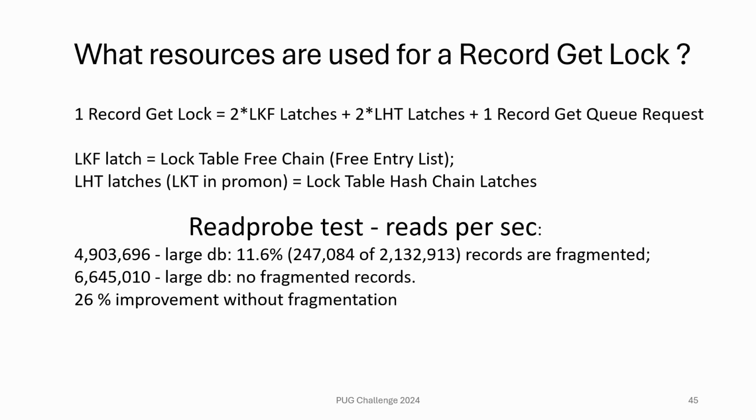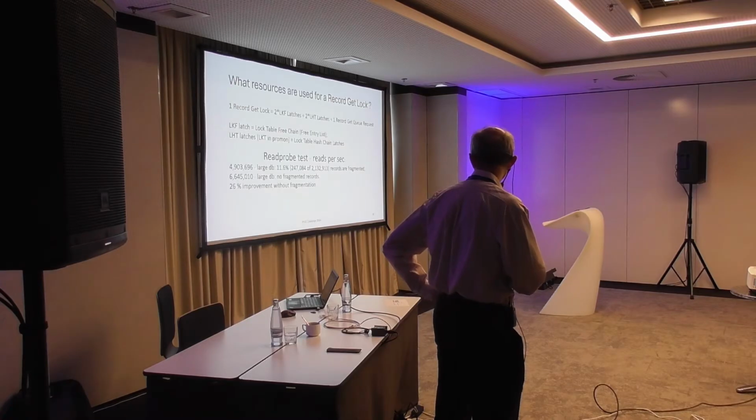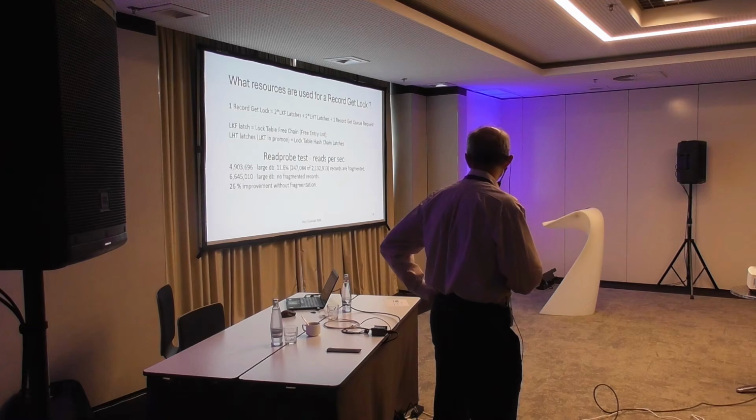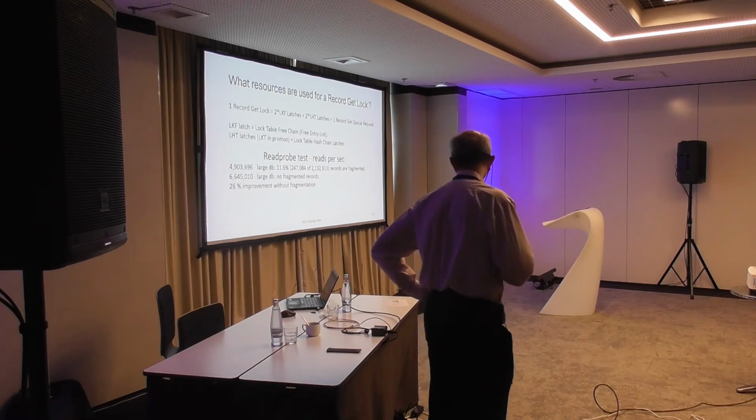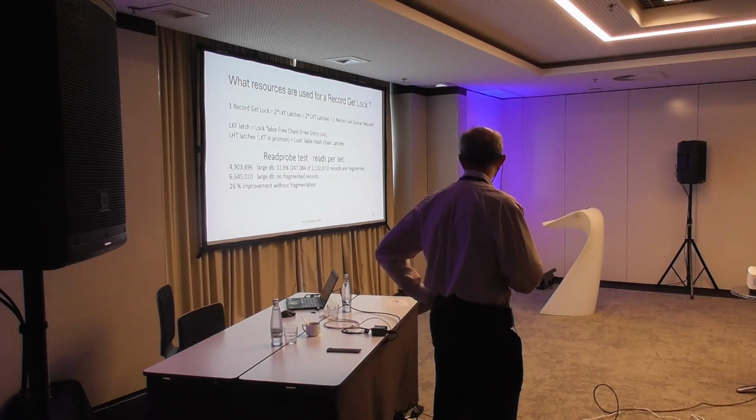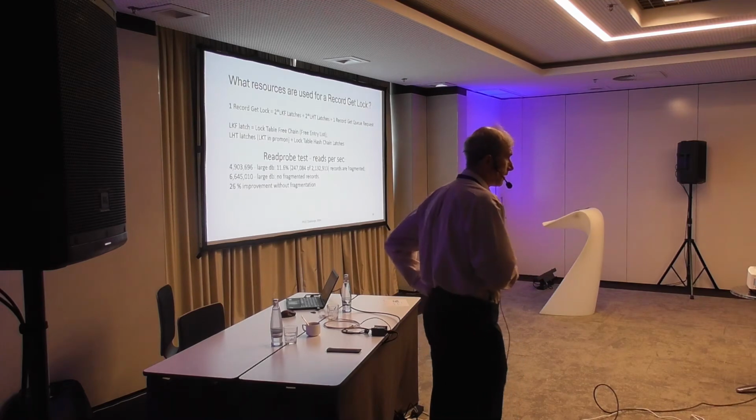We created a table which is 11% fragmented, with this number of fragmented records, and the read probe for this table runs that much. Well, when we run the same table without any fragmentation, we got a 26% improvement. So obviously you can see that it reads faster if it's not fragmented.